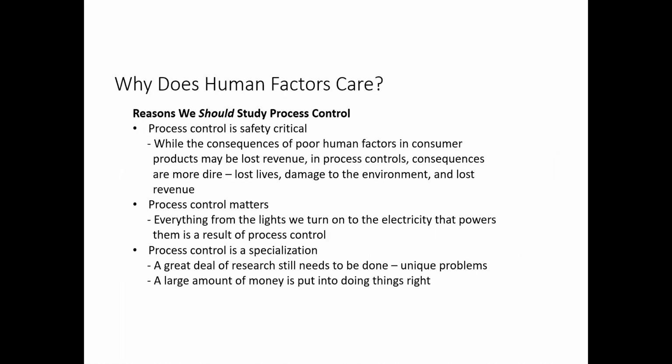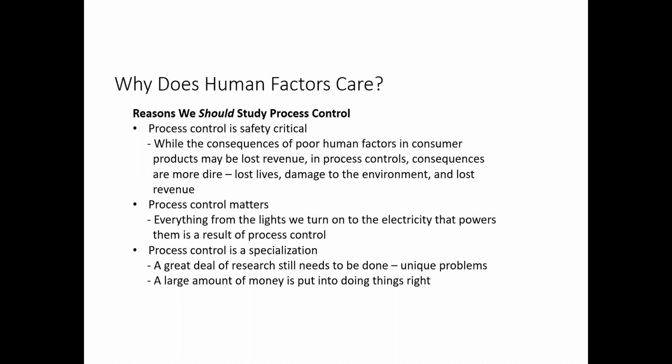Now, these are the reasons we should study process control. So I already covered some of these. It's safety critical. If those designs are bad and people make mistakes, it's not just a company goes bankrupt and some people lose their jobs. That will probably happen. But on top of that, there may be damage to the environment. People can die. Huge, huge effects in those fields.